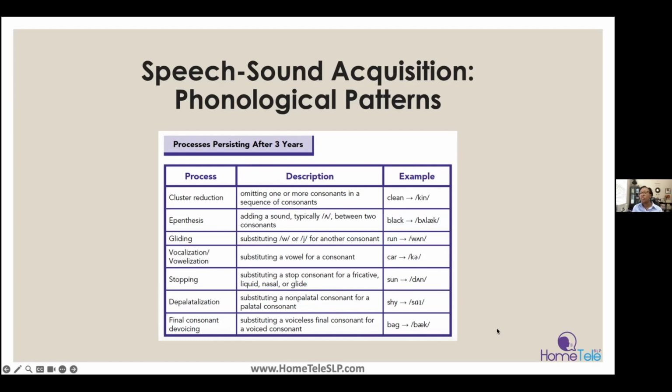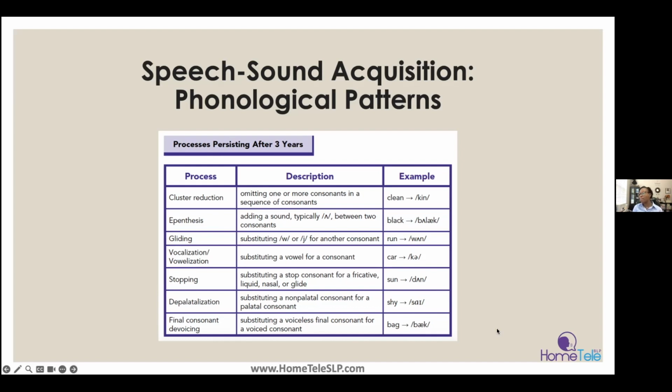It can also be used in place of liquids like our L's and R's, nasal sounds like our M's and N's, and glides. In this example, you'll see that the letter S is being replaced with the letter D, so sun sounds like done. That process is considered stopping.